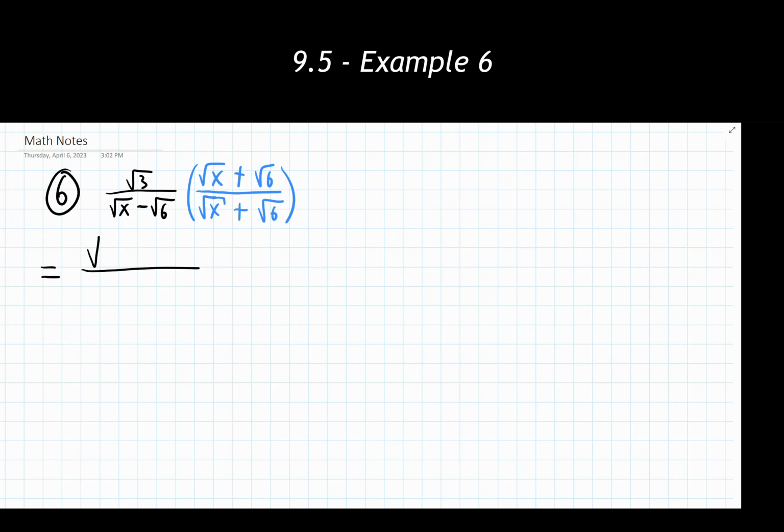That's going to give me the square root of 3x plus the square root of 18. In the denominator spot, we're doing the square root of x multiplying through to everything inside the set of parentheses. I'm getting the square root of x squared plus the square root of 6x.